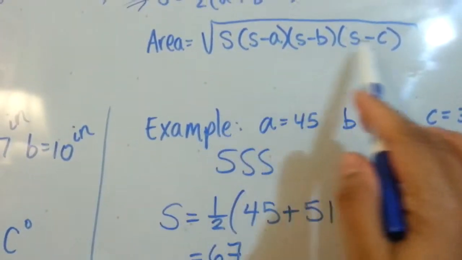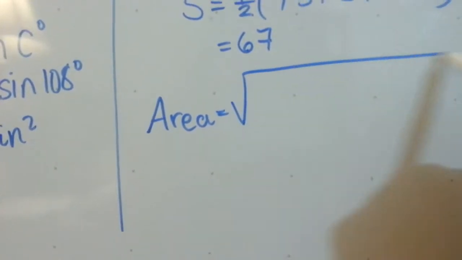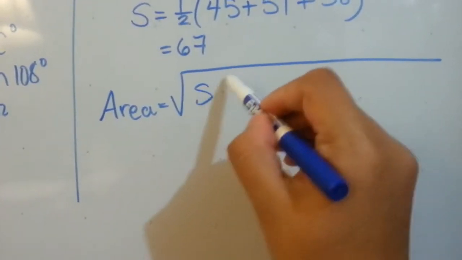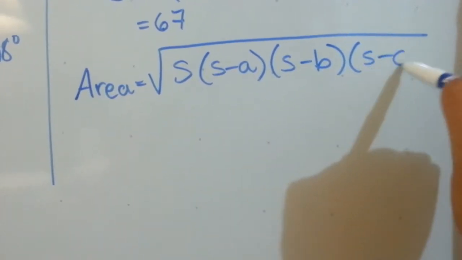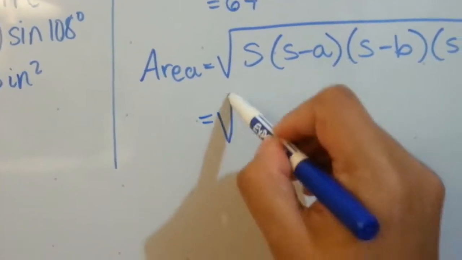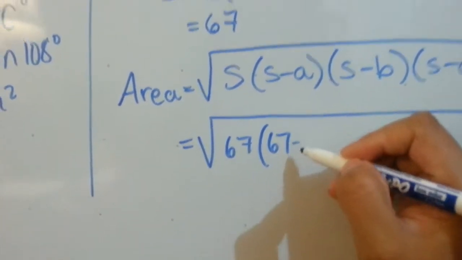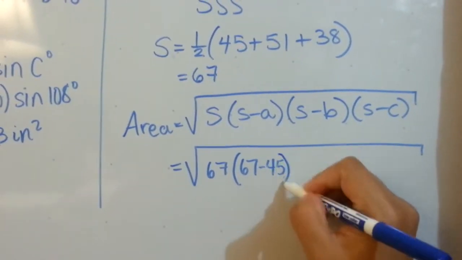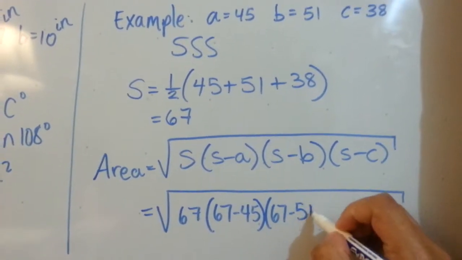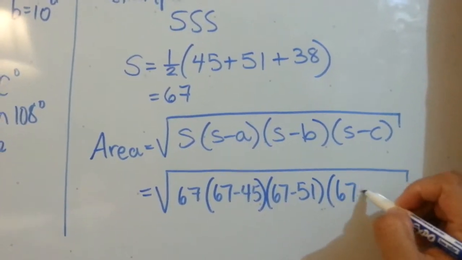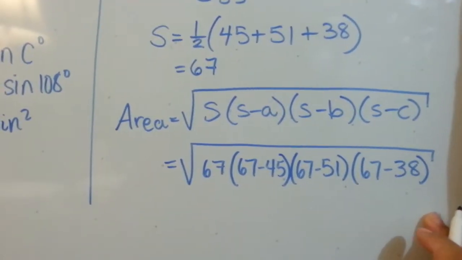And then we're going to use the definition of the area: the square root of S times S minus A, S minus B, S minus C. And this will be 67 times 67 minus 45, minus 51, minus 38, and you would type this into the calculator.